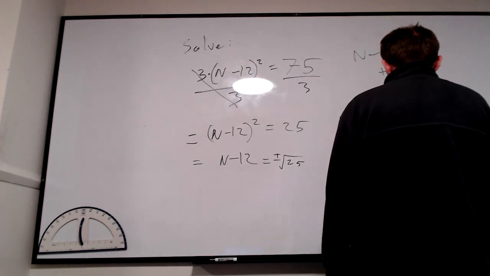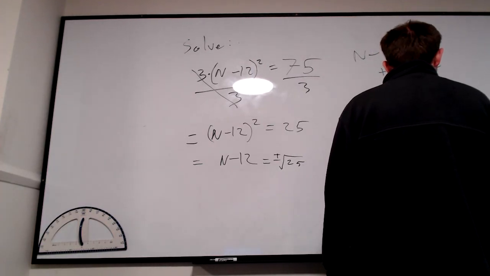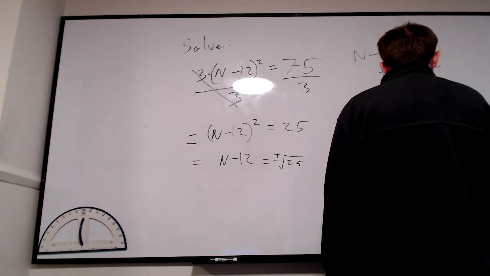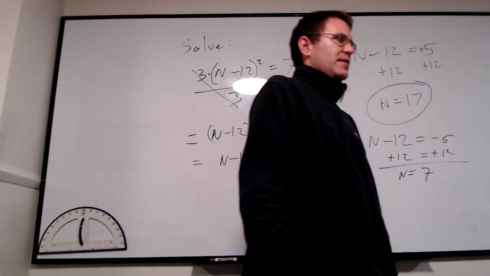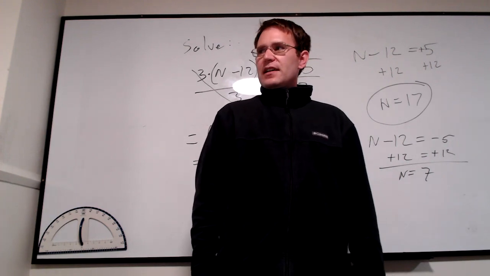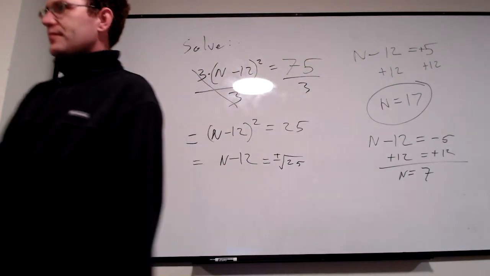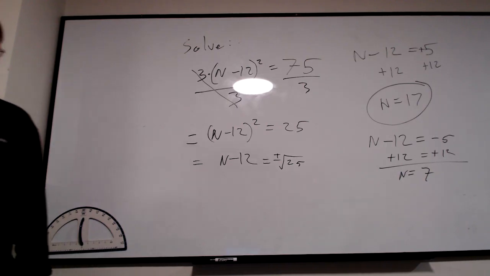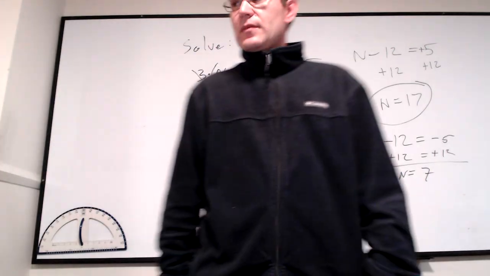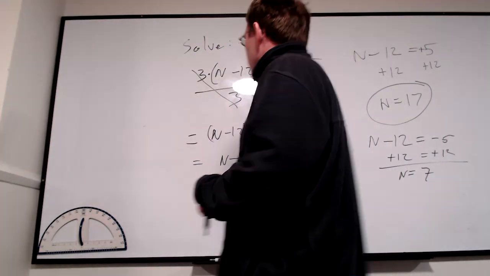So then we're going to have n equals positive 7. Does that make sense? Okay. And that's just because x has 2 answers.